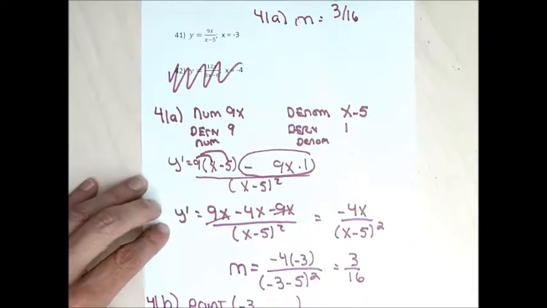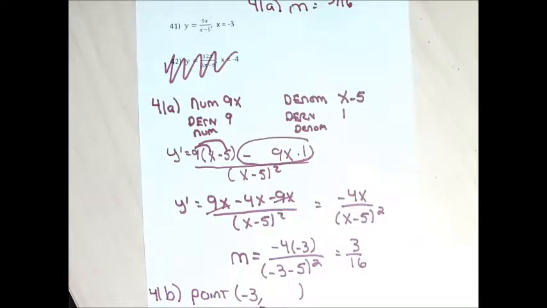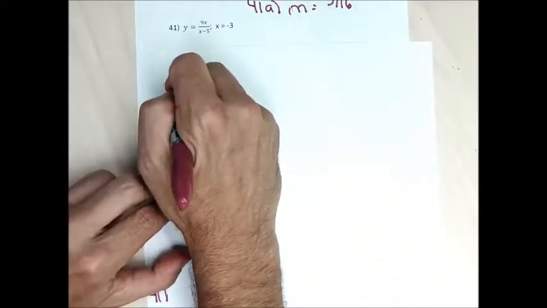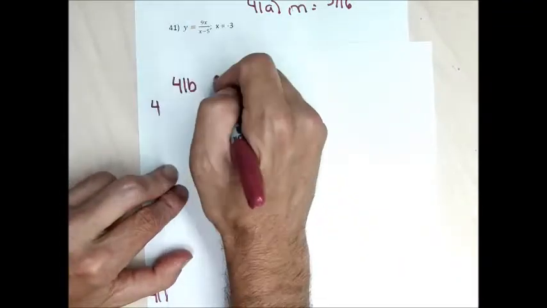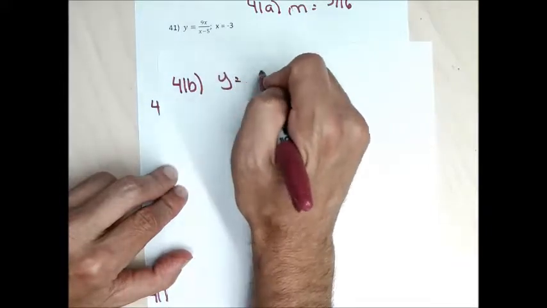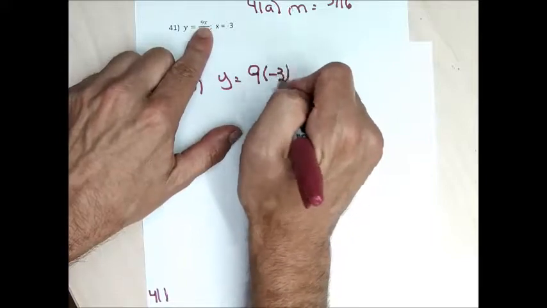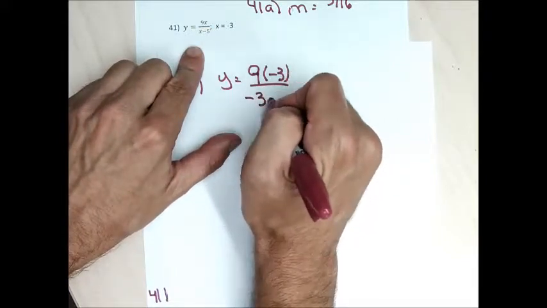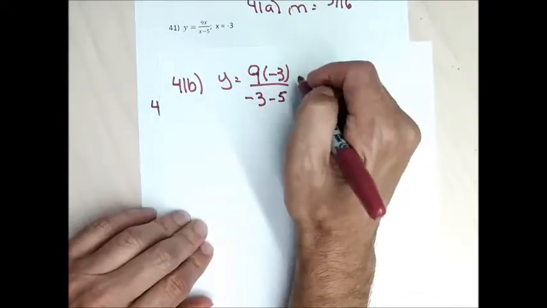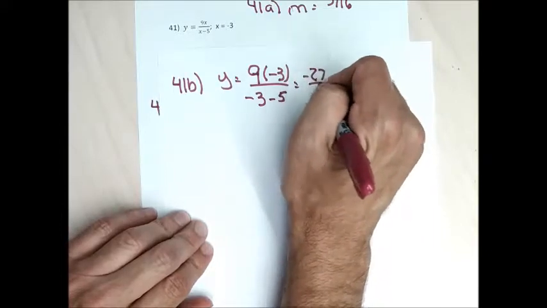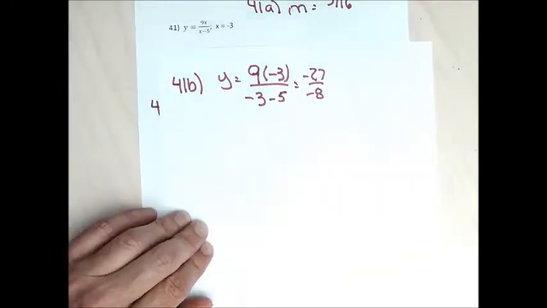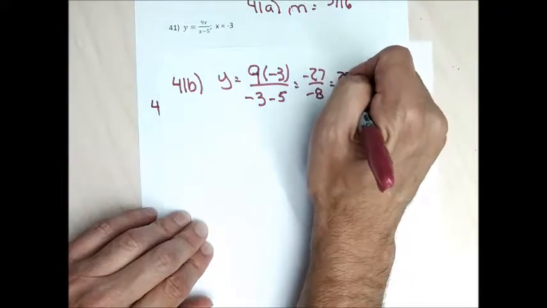And let me just pull another sheet of paper to do that because I'm running kind of shy on room here. So to get the y-coordinate of the point for 41b, I'm going to take the negative 3 and go 9 times negative 3 over negative 3 minus 5. This is going to be negative 27 over negative 8, which is 27 over 8.